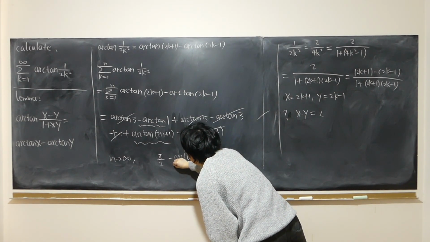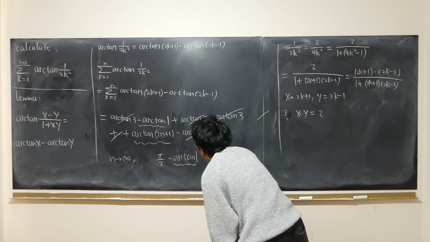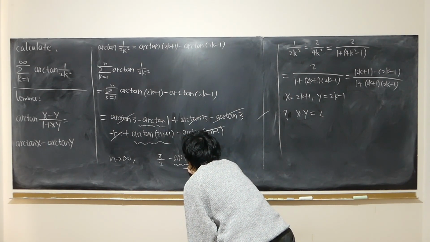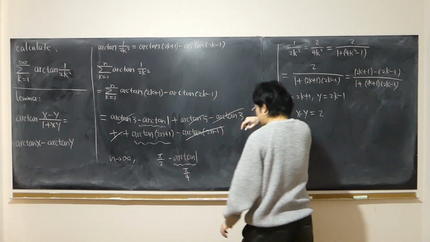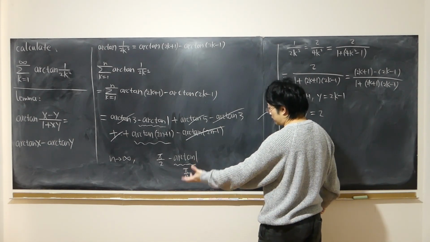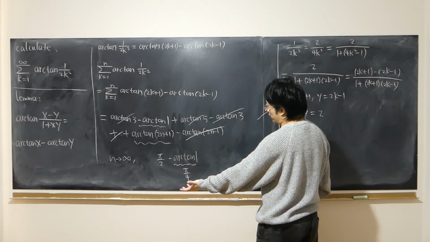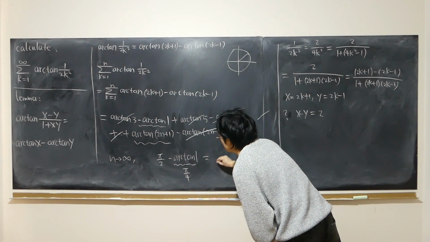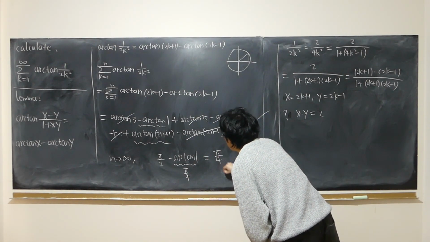And arctangent of 1 is what? Just a quarter pi. The reason is because tangent of pi over 4 is equal to 1. So that's actually equal to pi over 4.